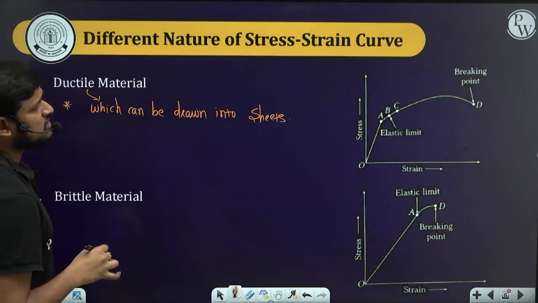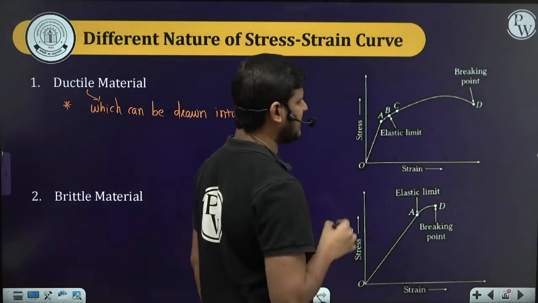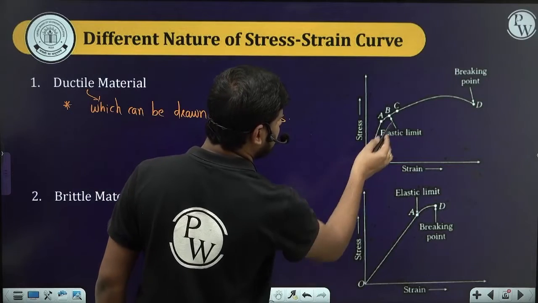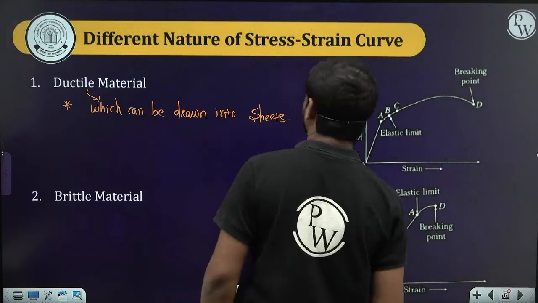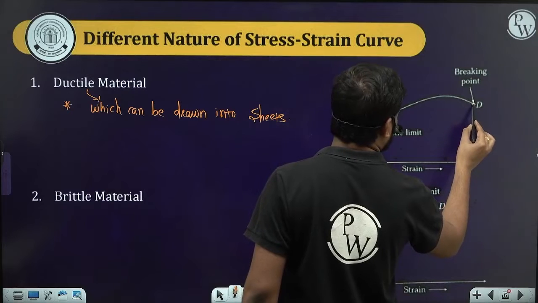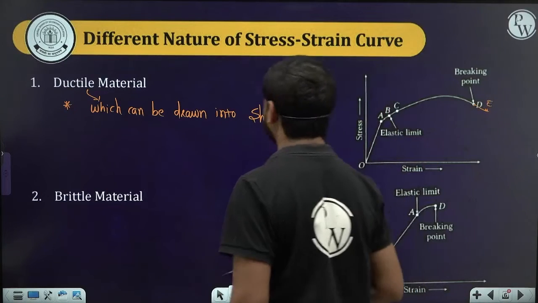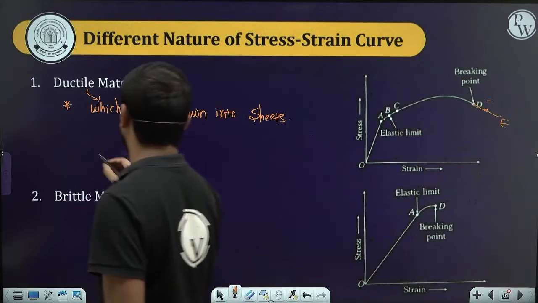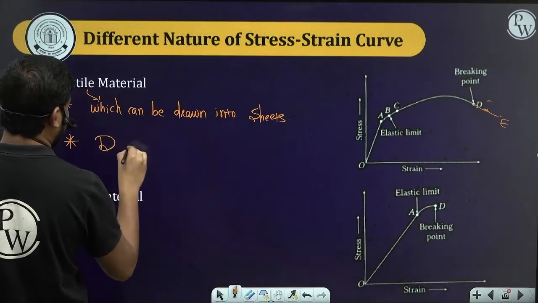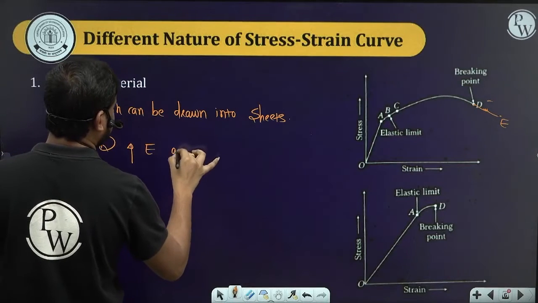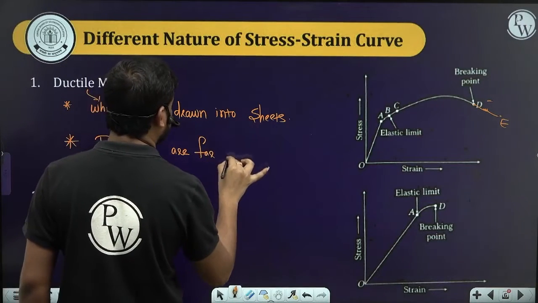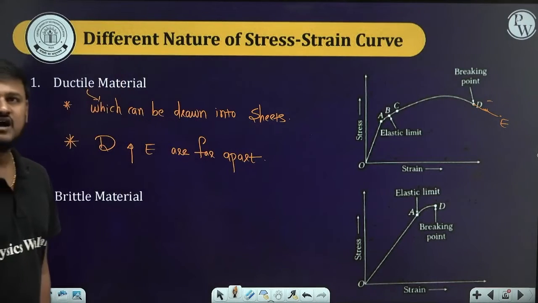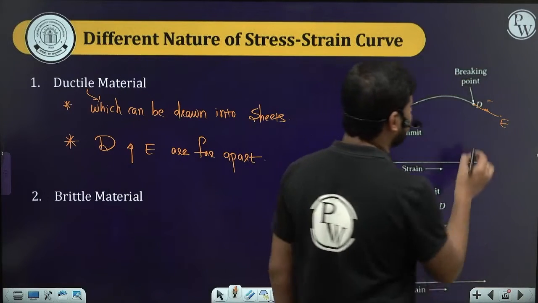Now see here, B point is the elastic limit, A point is the proportionality limit, D is the breaking point, and there will be some point E, the fracture point. The points D and E are far apart for the ductile material.